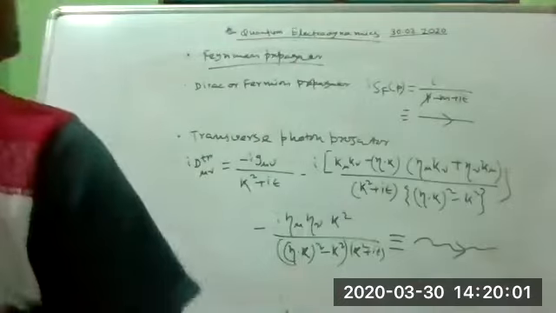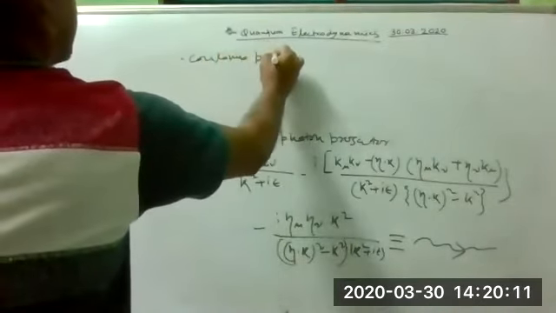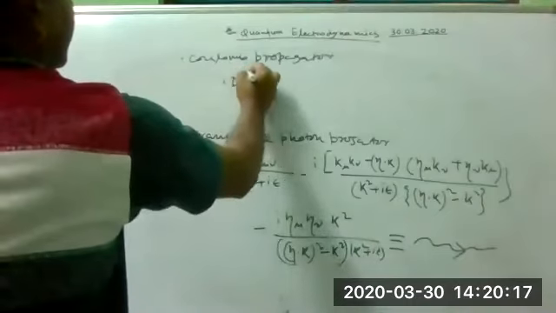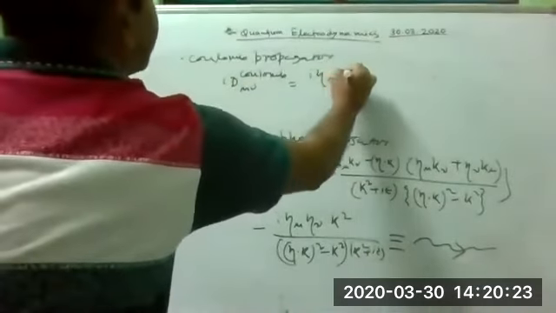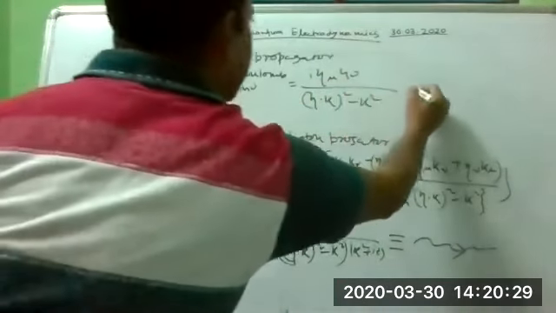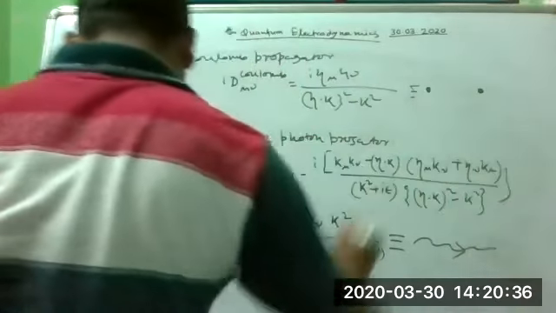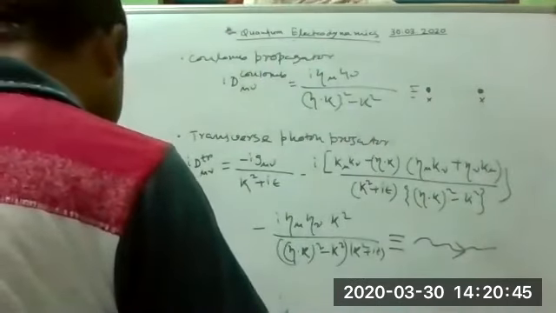And the Coulomb propagator. i D Coulomb mu equals i eta mu divided by ((eta dot k) squared minus k squared), and is denoted by this.